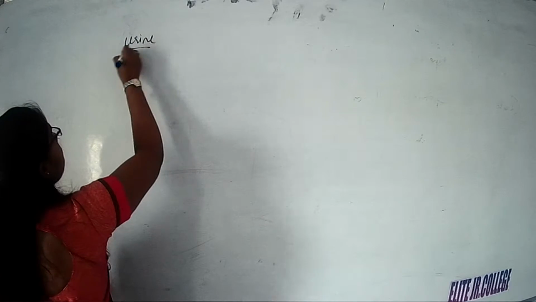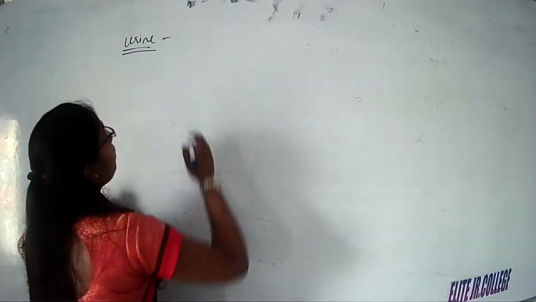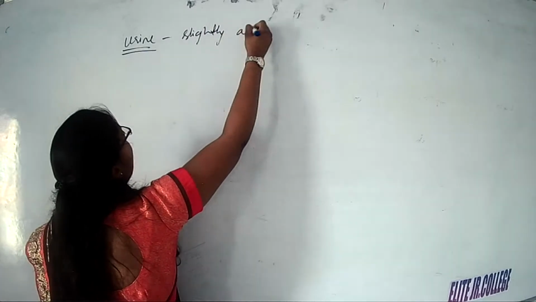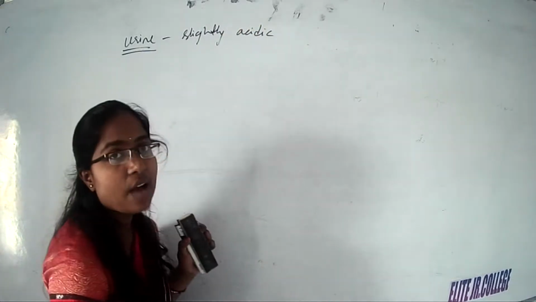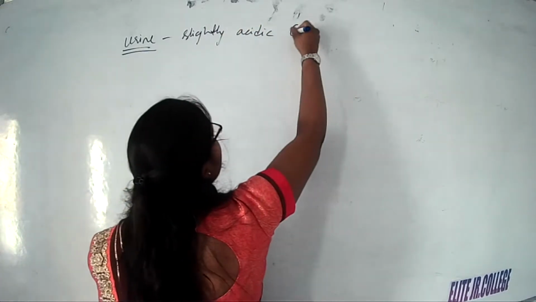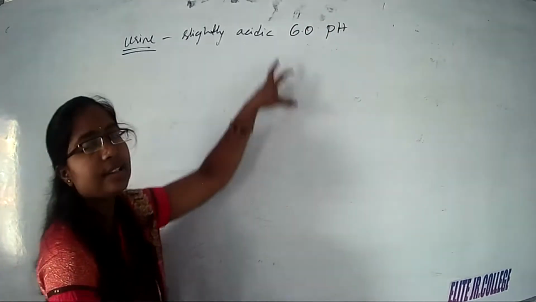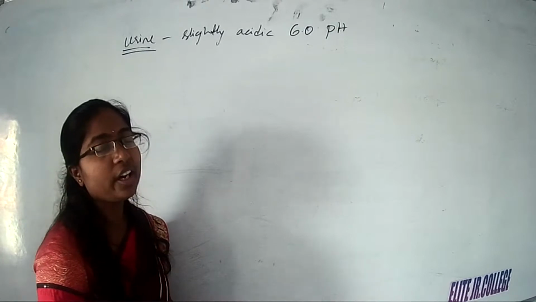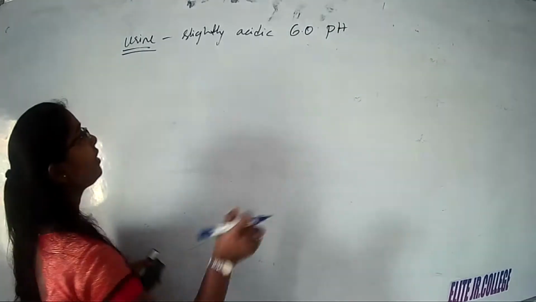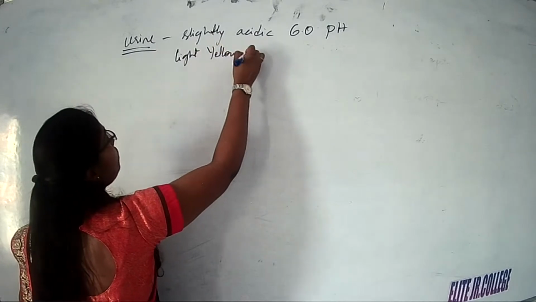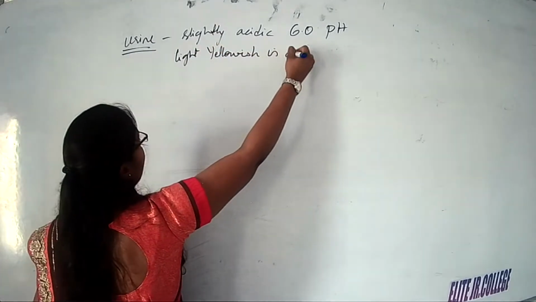So urine is actually slightly acidic. That means it's going to have a pH of 6. This is the pH of urine. Okay, and it is light yellowish in color.